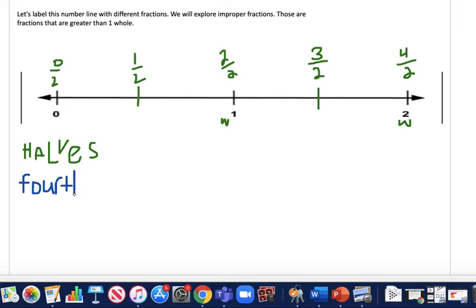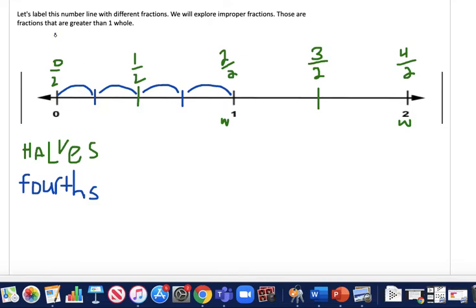Now with fourths, remember when we did halves between 0 and 1 whole, we looked at between 0 and 1 half, and we split it in half. Between 1 half and 2 halves, we split that in half. And let's just focus here. So we have 1, 2, 3, 4 equal parts in that one whole.